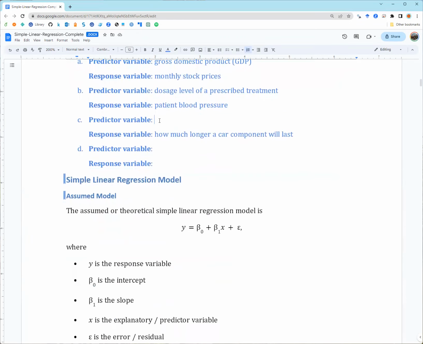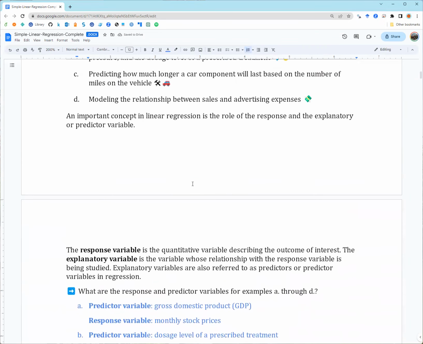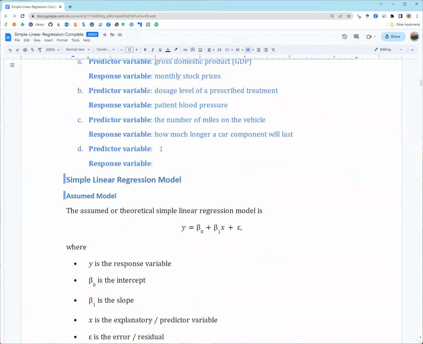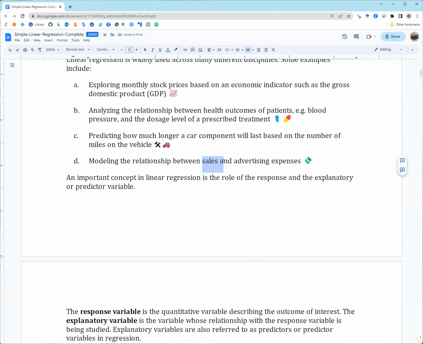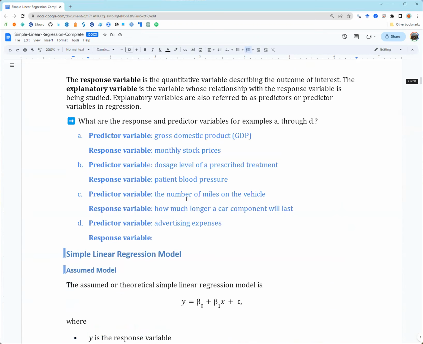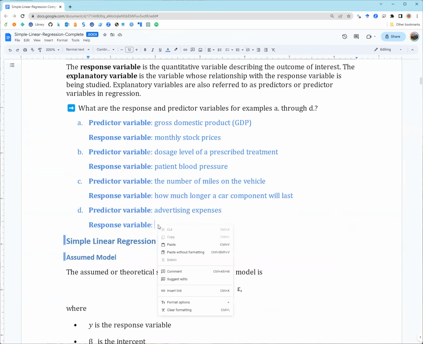That's what we would be using to explain or predict how much longer the part will last. And then part D, advertising expenses is what would affect the resulting sales numbers. So the sales would be the response variable.